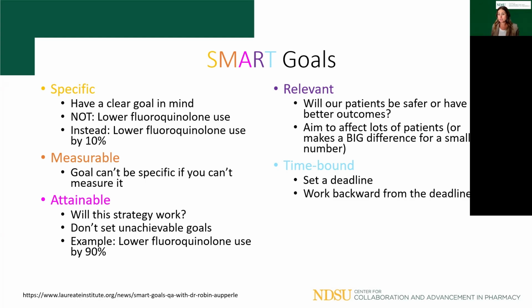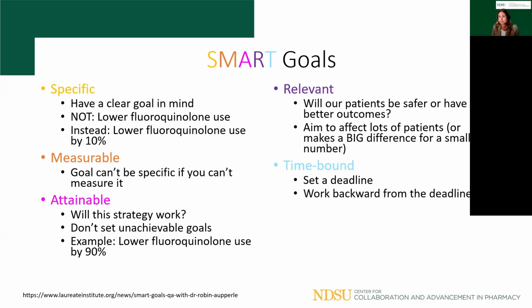It also has to be achievable or attainable. Will the strategy work? Can we lower our prescribing by 10%? So don't set something that's not achievable. You don't want to say, oh, we're going to lower fluoroquinolone use by 99%. Well, that's not achievable. Choose something that you think you can achieve. Make sure that it's relevant to your patients.